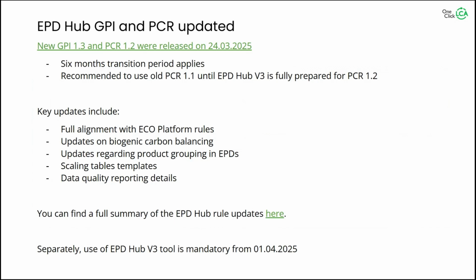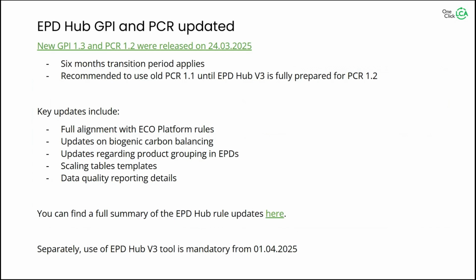So some of the updates on the PCR, and the main reason for updating the PCR, as I understand, is to be in line with the Eco Platform rules, to update the biogenic carbon balancing approach, like I showed on the previous slide, updates regarding the product grouping, scaling tables, and also data quality reporting, which is one of the key things that we will implement into the tools over the next couple of months.